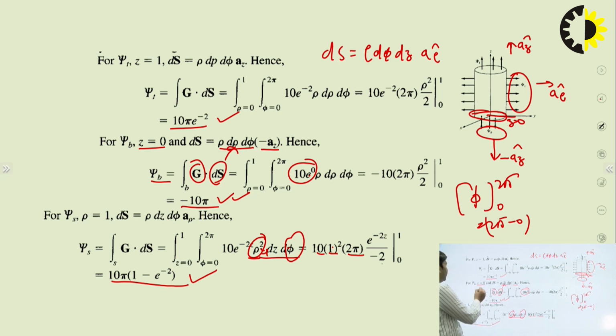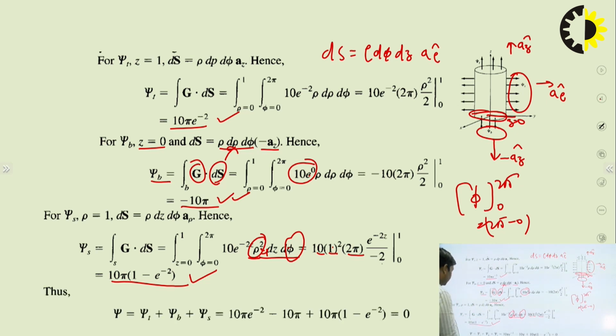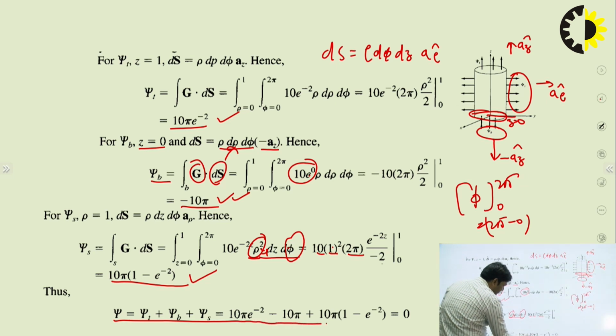We just add the top, bottom and side, which is equal to 10 pi e raised to the power minus 2 minus 10 pi plus this, which is equal to 0. That means the total net flux through that particular cylinder is equal to 0. So by using D dot ds, we calculate the total outward flux.